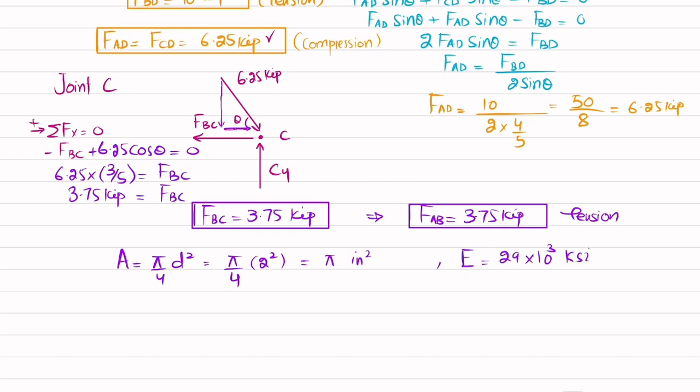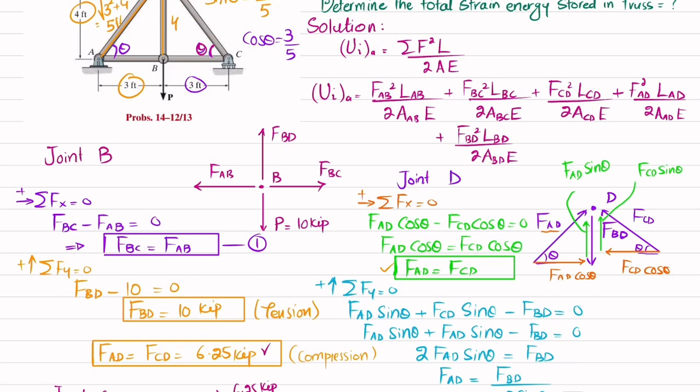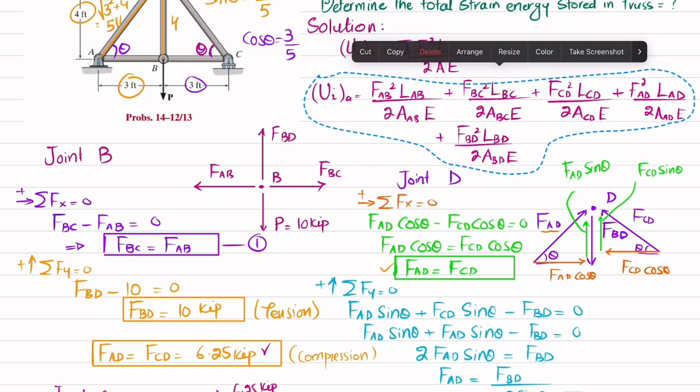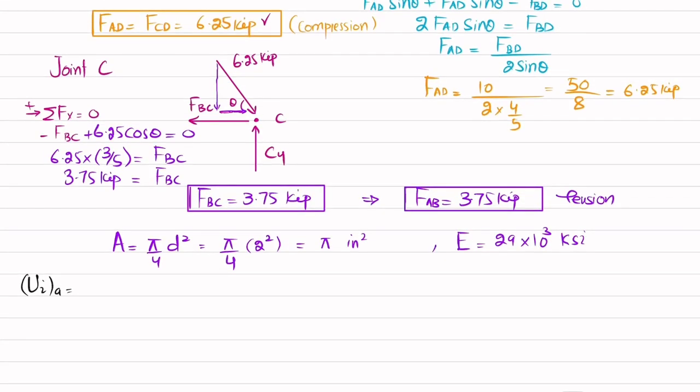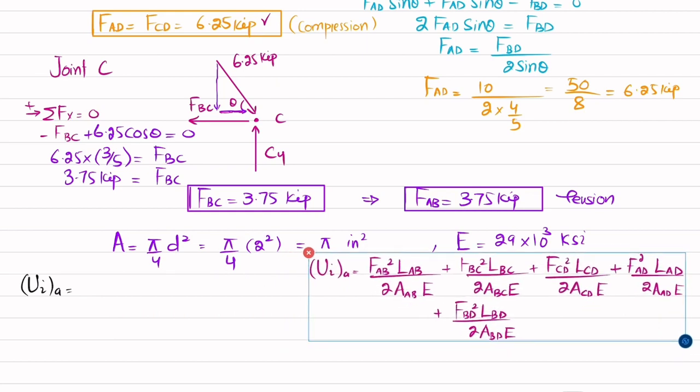So what we are going to do, we will put the value in the formula. U_i due to axial load is equal to, this is the formula. Let me copy it so that we can easily put the value. Okay, we'll copy it and we will paste it over here. This was the formula.